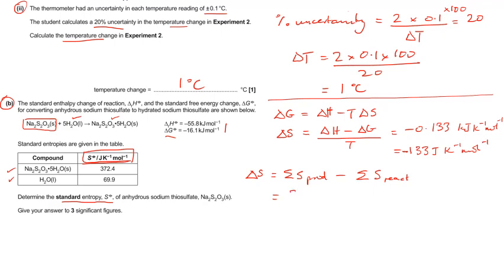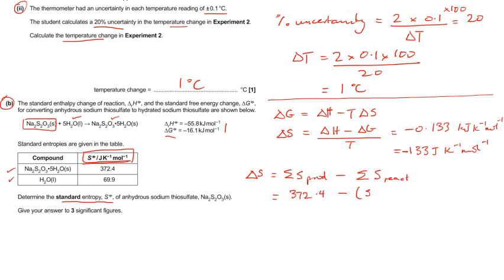So we've got 372.4, that number there, and we've got two reactants. We've got water and we've got anhydrous sodium thiosulfate. The anhydrous sodium thiosulfate is the S that we want, so we can just call that S.